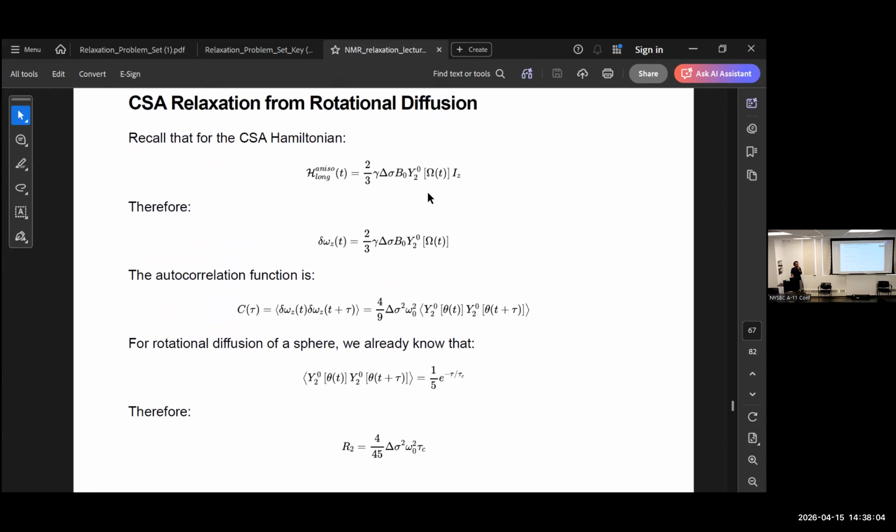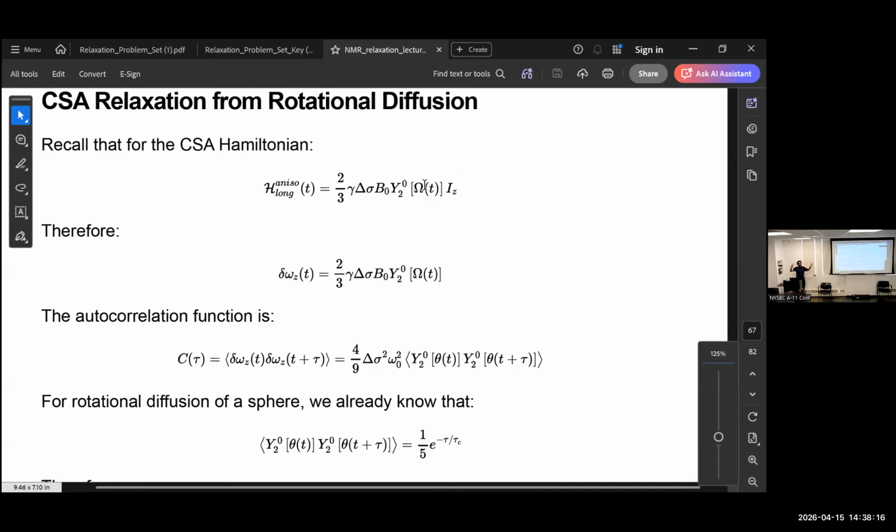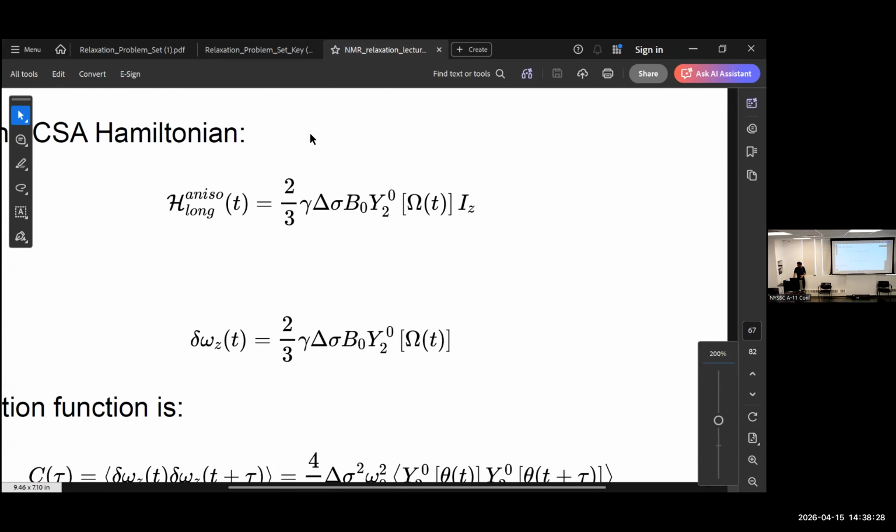The important thing is to use this result to build connections between the underlying anisotropic Hamiltonian and the R2 that you expect out of it. For example, we took the CSA Hamiltonian with all three components, Iz, I plus, and I minus. We pulled out only the Iz part and used the random phase model to get the variance and correlation time.